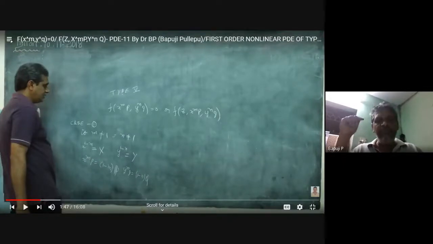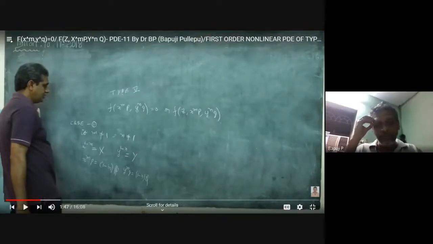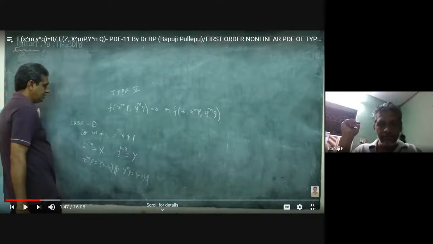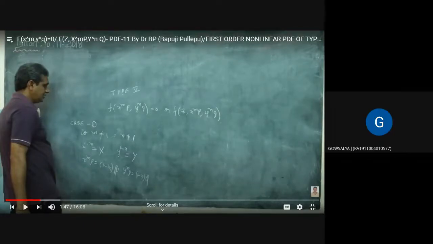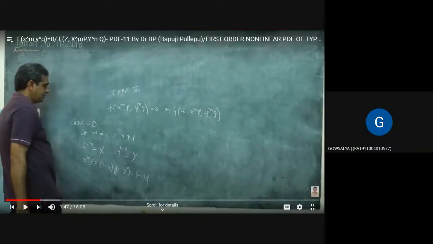Can anyone say why I am telling m not equal to 1? If m is equal to 1, substituted here, what will happen? x power 0. x power mp is equal to 1, since x to the power 0 is 1. But on the right side, what will come? x power 1 into p is equal to 1 minus 1 into capital P. 1 minus 1 is 0.